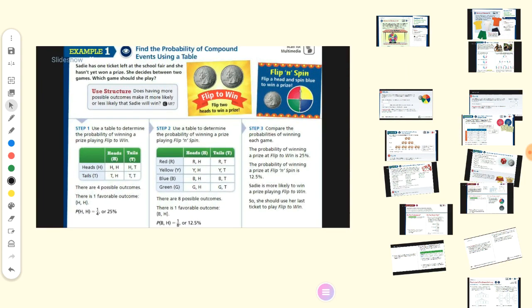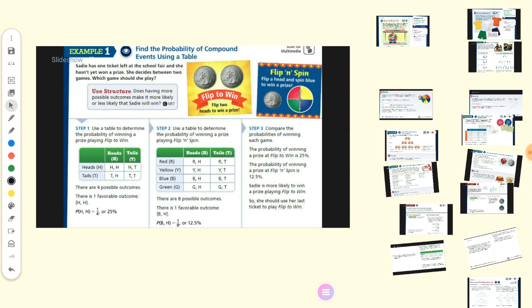Sadie has a ticket left at the school fair and she hasn't yet won a prize. She has to decide between two games. Which game should she play? She has a spinner and a coin, and she will make a compound event.